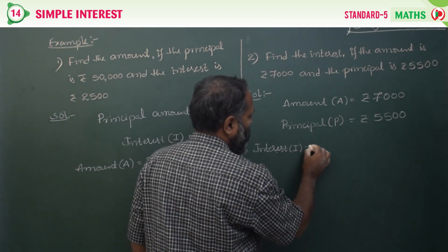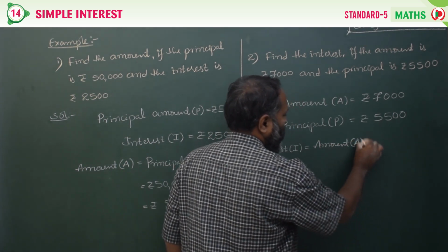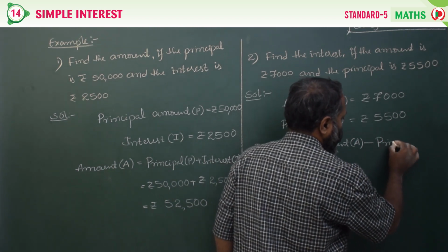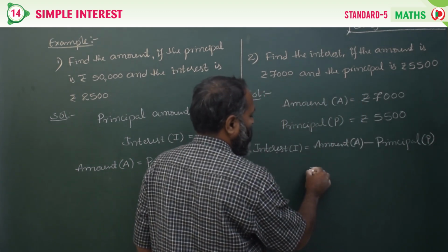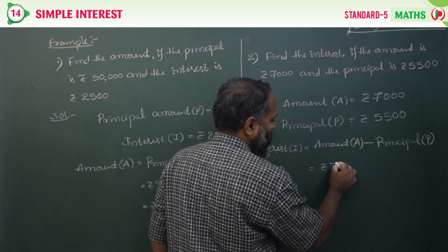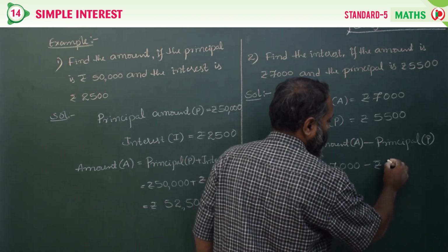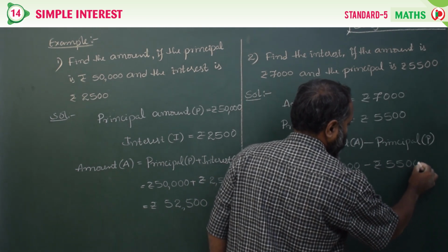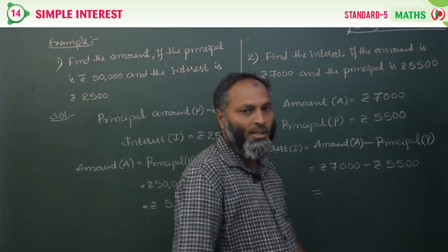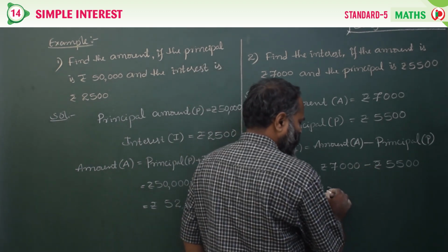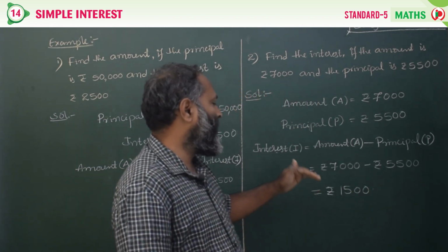Interest I is equal to amount A minus principal amount P. The amount he paid is 7,000 and the principal he borrowed is 5,500. If you subtract 5,500 from 7,000, you will get 1,500. So, 1,500 he paid as interest.